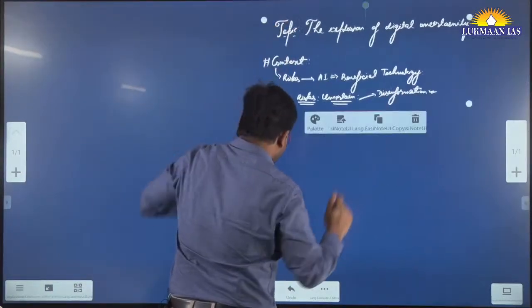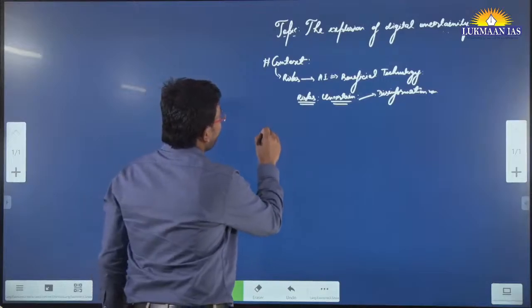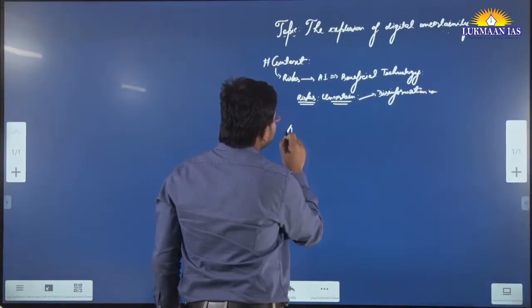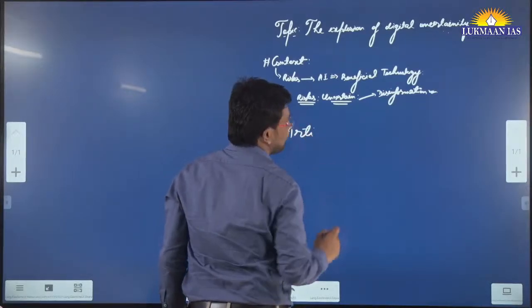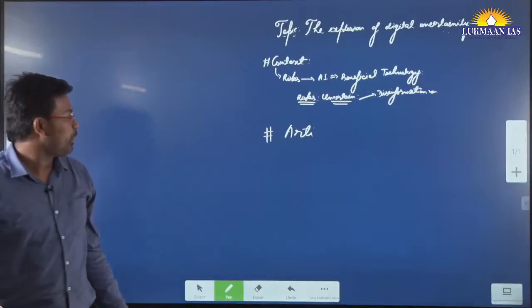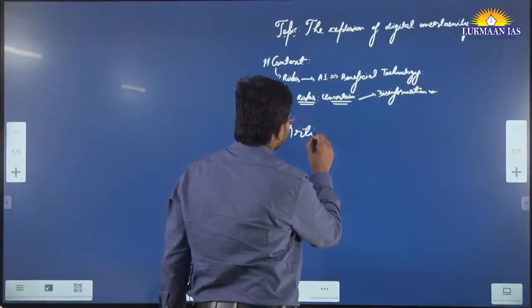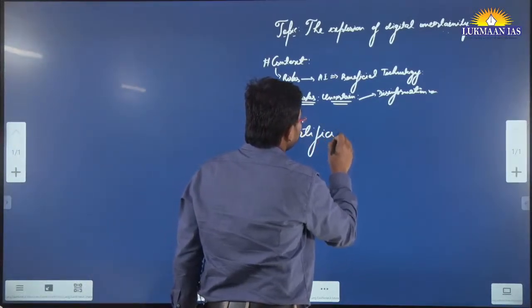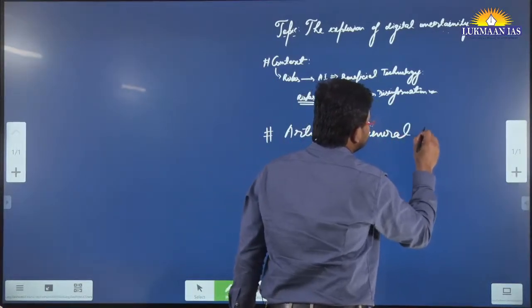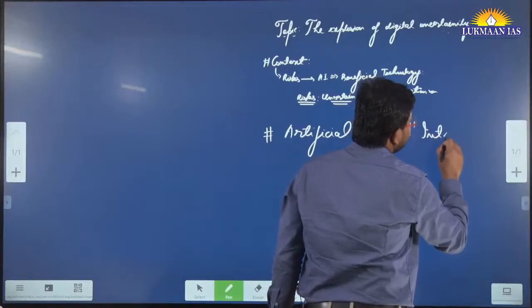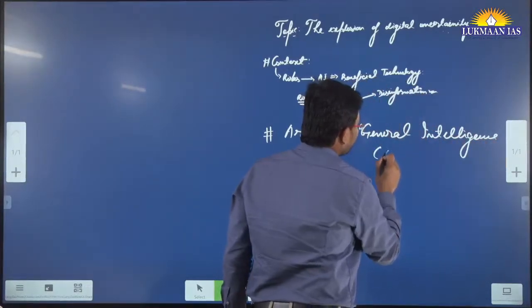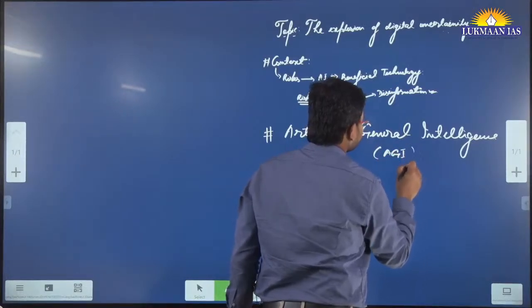Okay, so the author has talked about a new form of artificial intelligence, which is known as artificial general intelligence, or general artificial intelligence. In short, it is known as AGI.